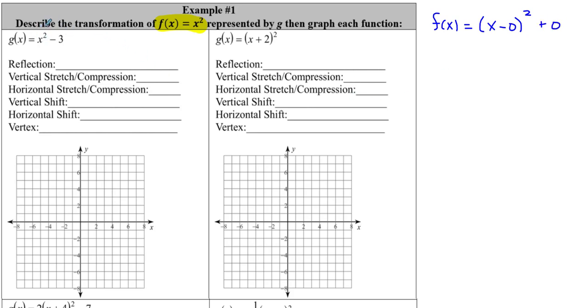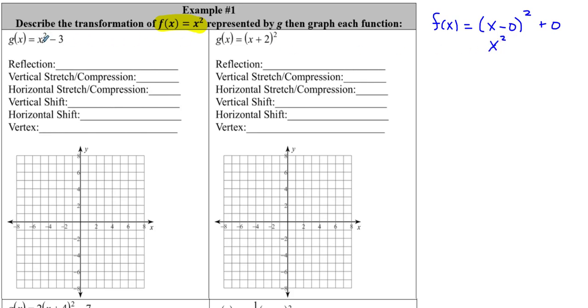So if we look at this first one, it does not look like it's in vertex form, but how can we get just that x squared? That would be by doing x minus 0, because this right here would turn into x squared. So if we don't have a horizontal shift, then that just means we have that x squared.